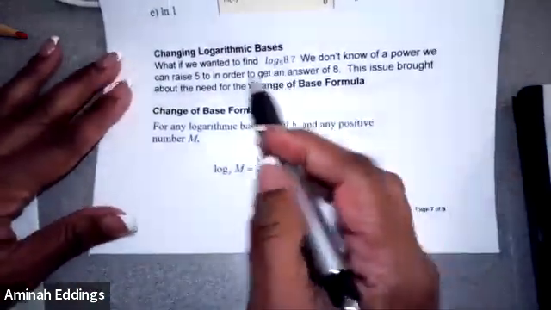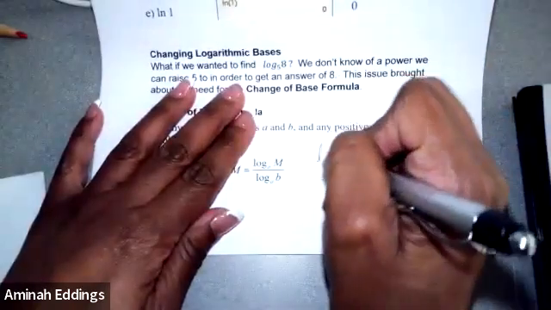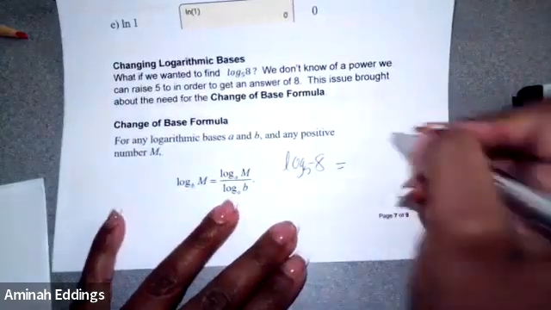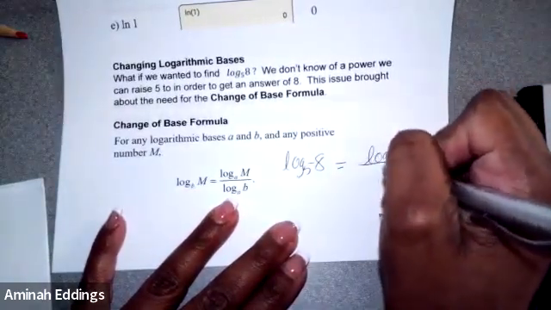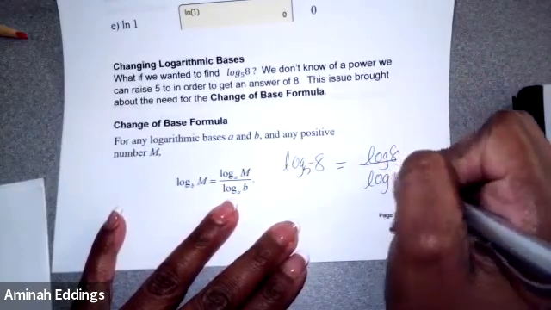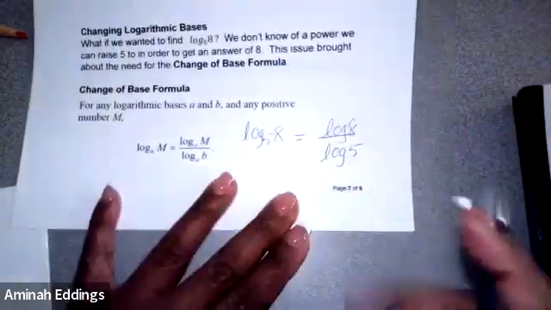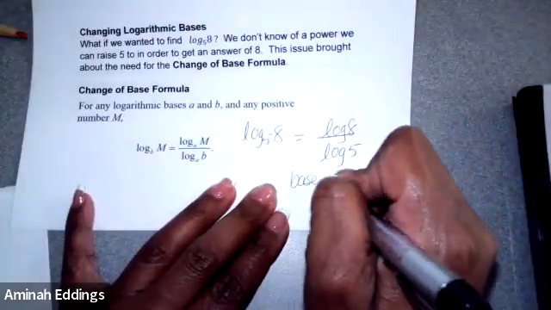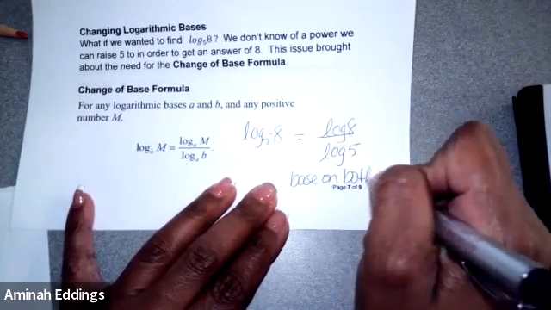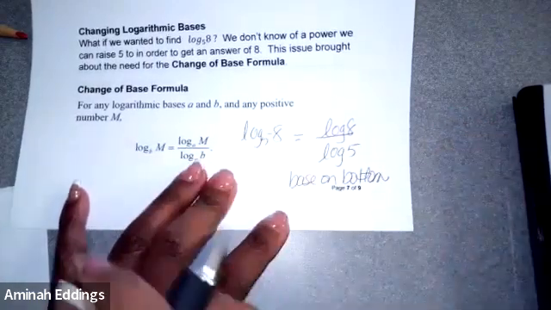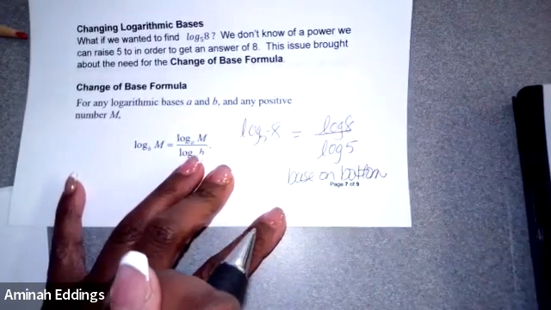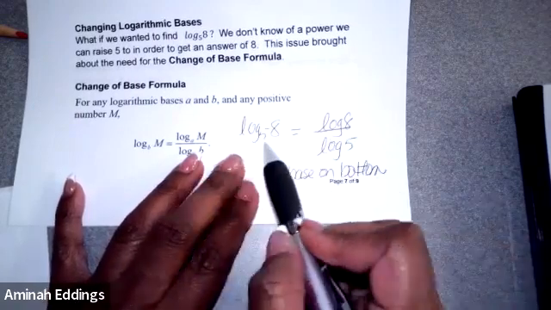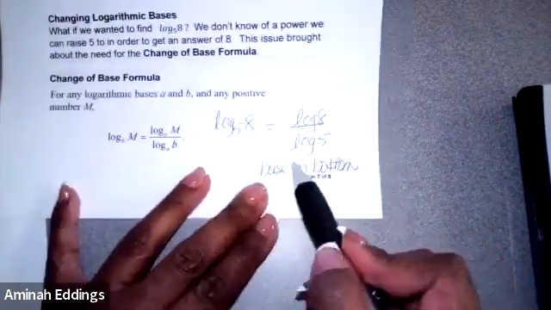So if we had, for example, log base 5 of 8, this can be rewritten as log 8 over log 5. Easy way to remember this is base on bottom. When you think of the word base, what do you think of? What's the base of something? Exactly, it's the bottom, right? So that's how we can remember this.